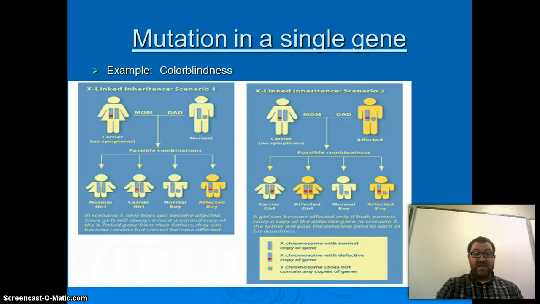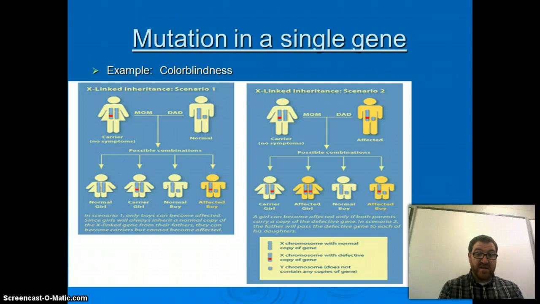As far as the sex-linked variety, there are a couple different scenarios that you can work your way through. One with mom being a carrier and dad being normal, and one with mom being a carrier and dad being affected.